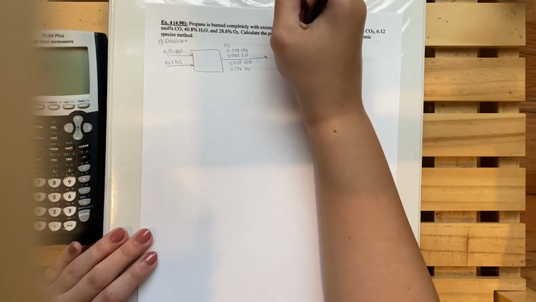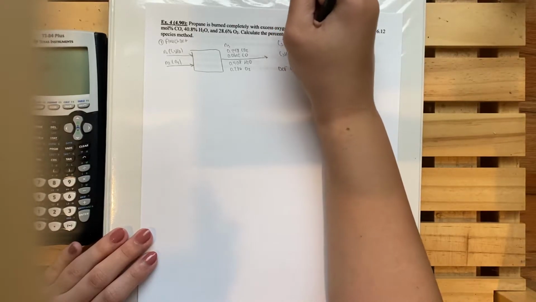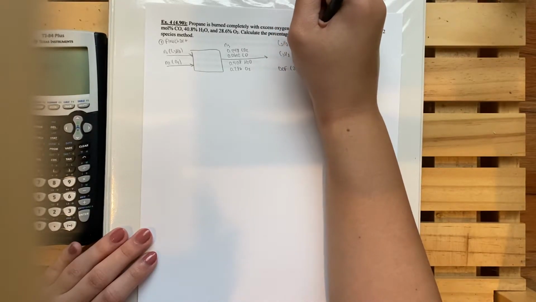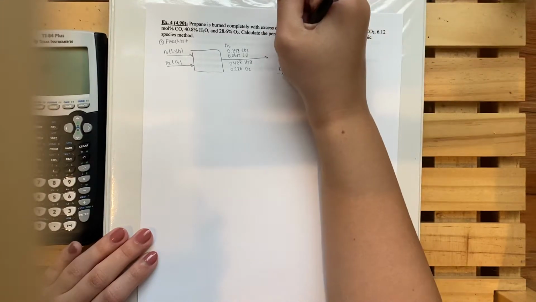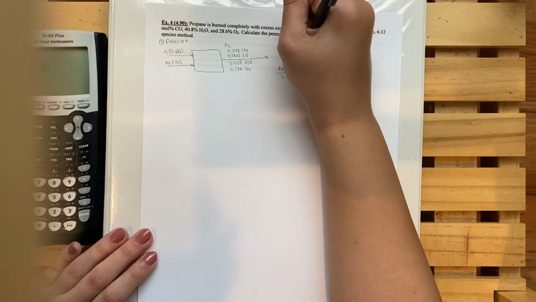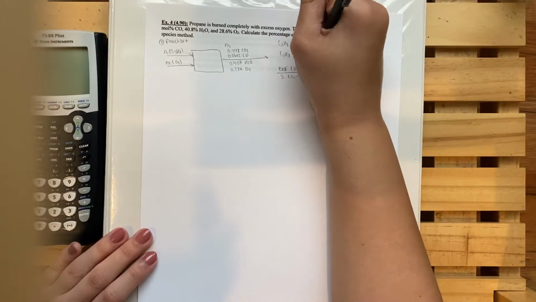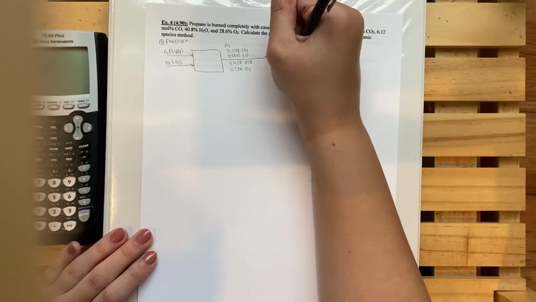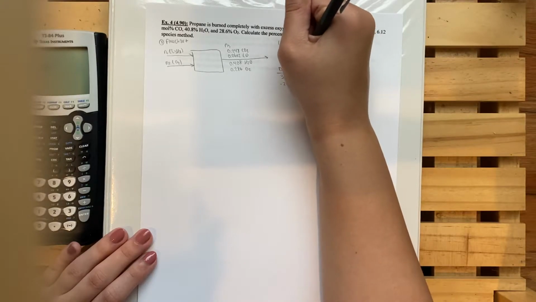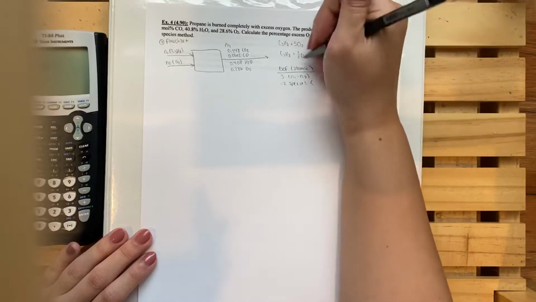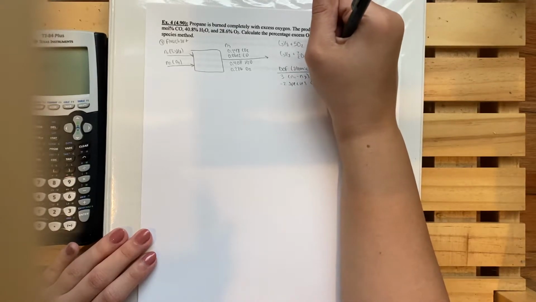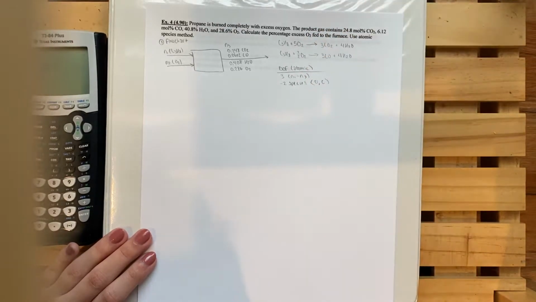Now we're going to do our degree of freedom analysis using the atomic species method. So we have 3 unknowns, which are N1 through N3, and we have 2 species, and those species are oxygen and carbon.